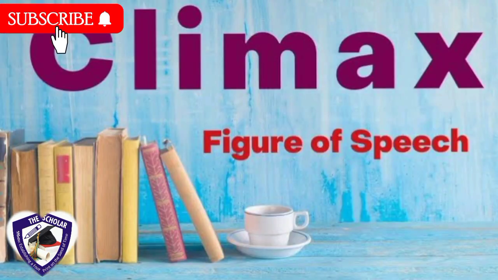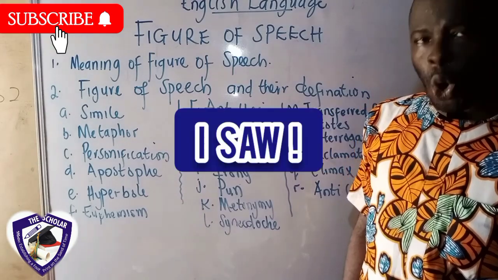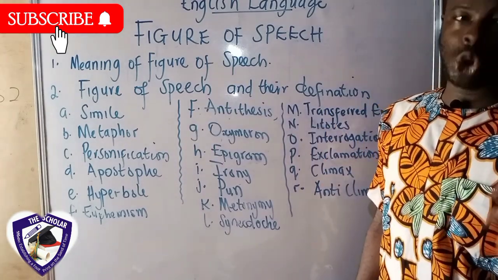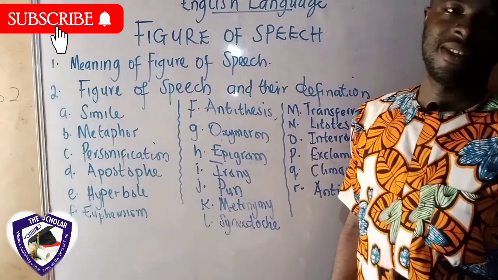So we take the next, which is the climax. Climax is a figure of speech which is used to express a series of ideas in the order of increasing importance. For instance, if I say, I came, I saw, I won, or I came, I saw, and I conquered.